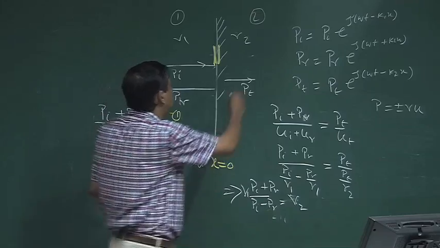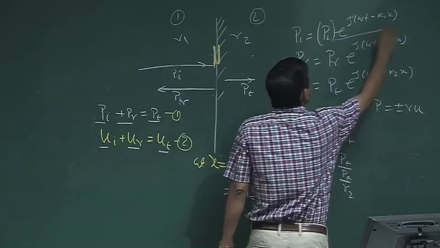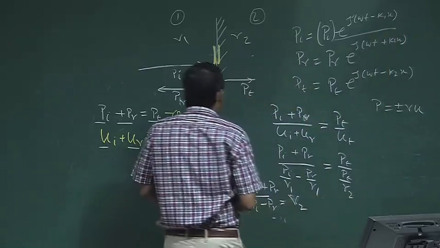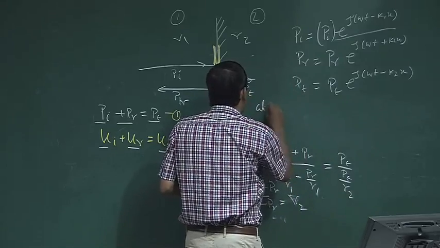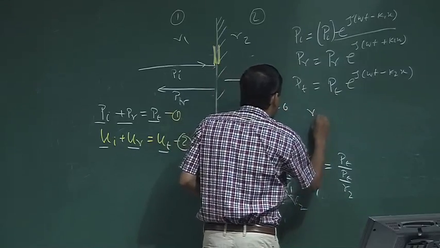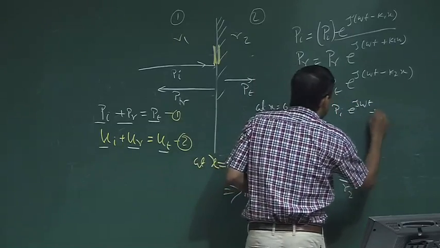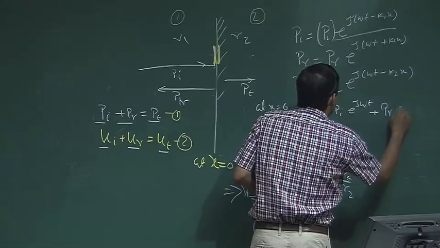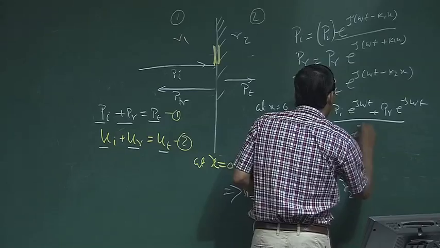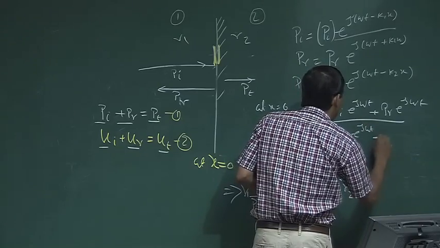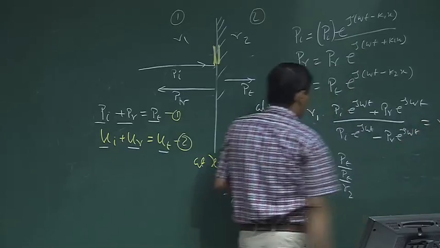At x equal to 0, Pi is only the amplitude, so R1 times Pi e to the power j omega t plus PR e to the power j omega t, divided by Pi e to the power j omega t minus PR e to the power j omega t, is equal to R2.